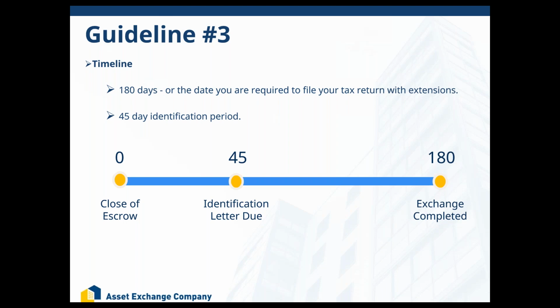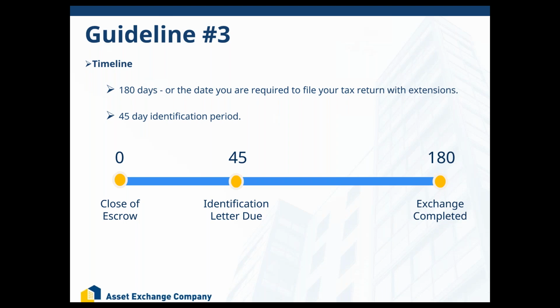But here's the thing about the 45 days. Let's just say you find the perfect property and it's day 46. At that point, it's too late. Whatever you put on that form, you're going to have to make sure you're going to be able to purchase at least one of those properties by day 180.